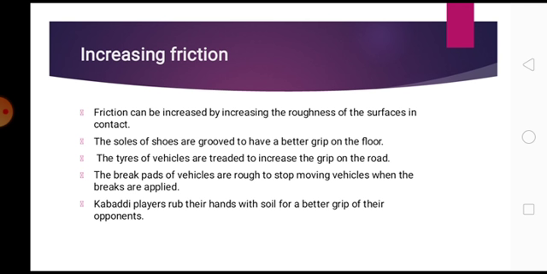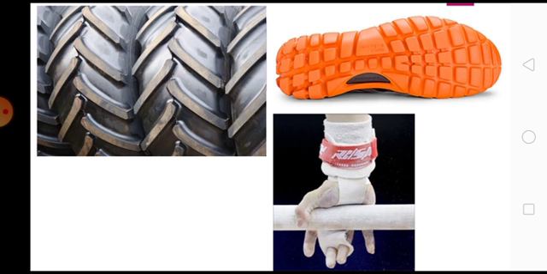Third, the tires of vehicles are treaded to increase the grip on the road. Next, the brake pads of vehicles are rough to stop moving vehicles when the brakes are applied. Fourth, kabaddi players rub their hands with soil for a better grip on their opponents. That you know.